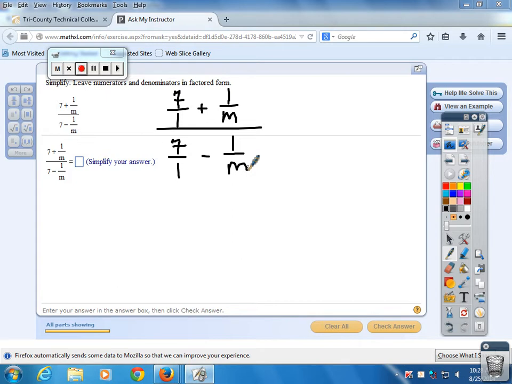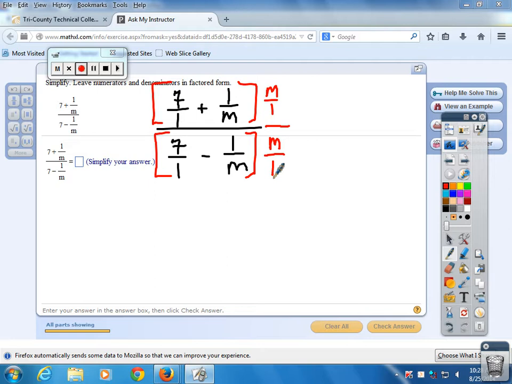So what's the common denominator? M. So first you get your red marker and you multiply by M over 1 over M over 1.